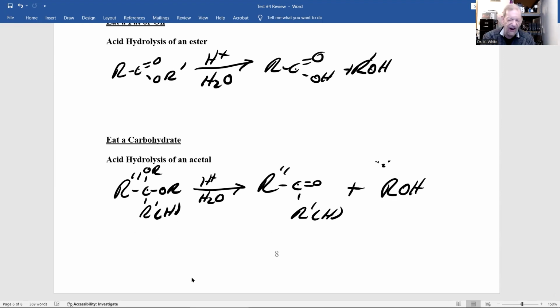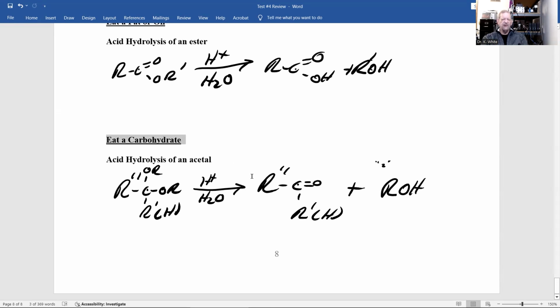Now, it turns out that when it happens in your stomach, both of these are in the same molecule and you get back glucose. But you should know how to describe with words and a general reaction what happens in your stomach when you eat a carbohydrate.